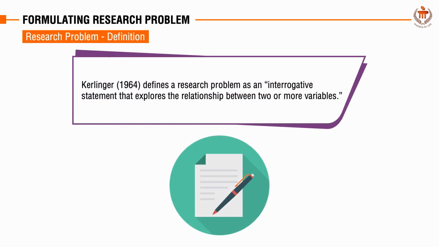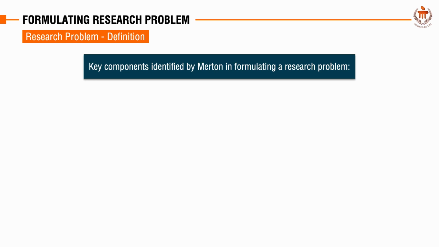Kerlinger 1964 defines a research problem as an interrogative statement that explores the relationship between two or more variables. Merton identifies three key components in formulating a research problem.